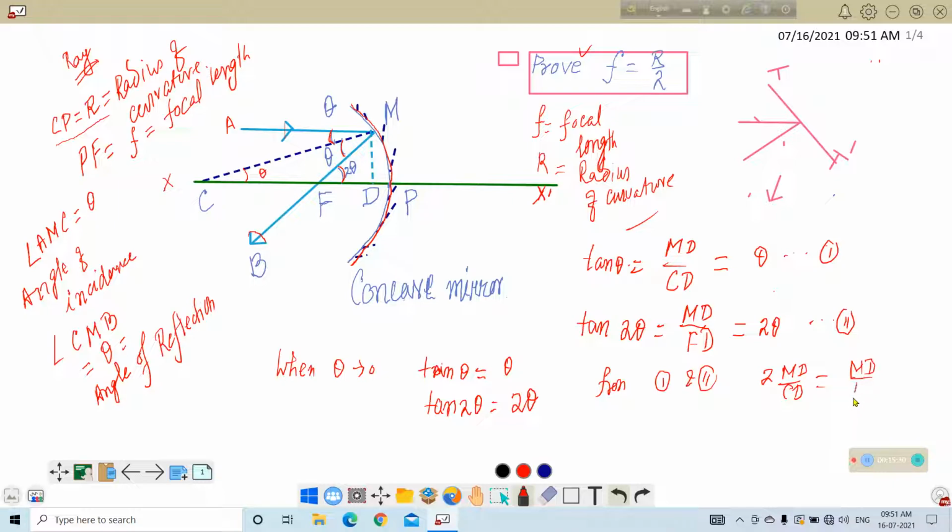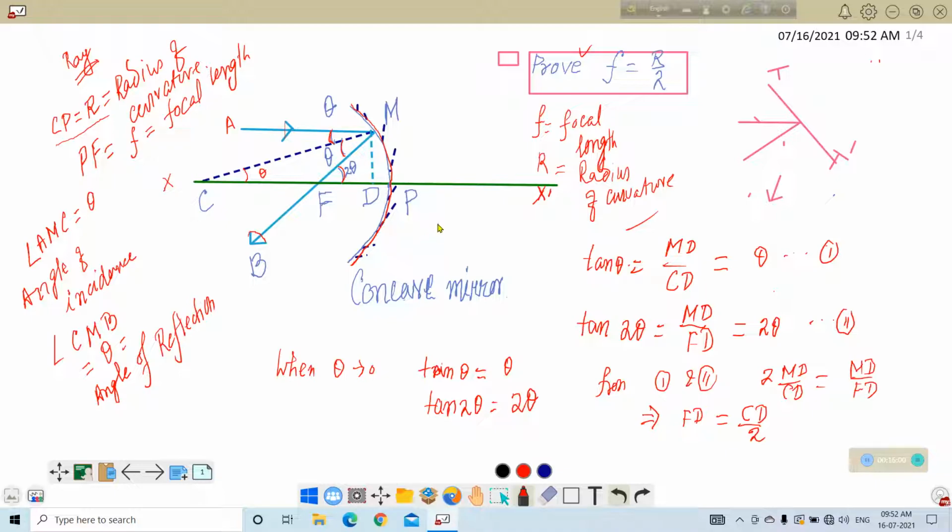That implies from this equation, FD is equal to CD by 2. And previously we have said that D tends to P.